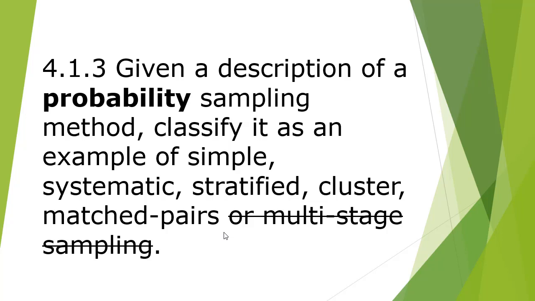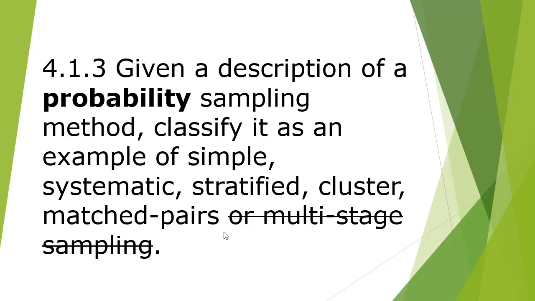I don't know why I included it in the objective in the first place, but it's sort of a variation on a theme, and I just wanted to pare down and look at some of the very basic ways that are really common for probability sampling. So you will not be measured at all on your ability to identify multi-stage sampling. So please be aware of that.